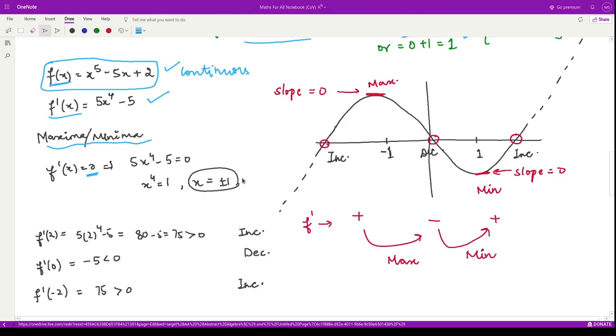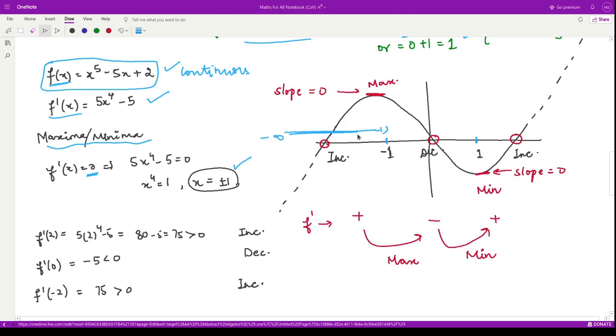That means we get 2 points, x is equal to plus 1 and minus 1. At these points we would have either the maximum value or the minimum value. Now we can check the behavior of this derivative in the region from minus infinity to minus 1.